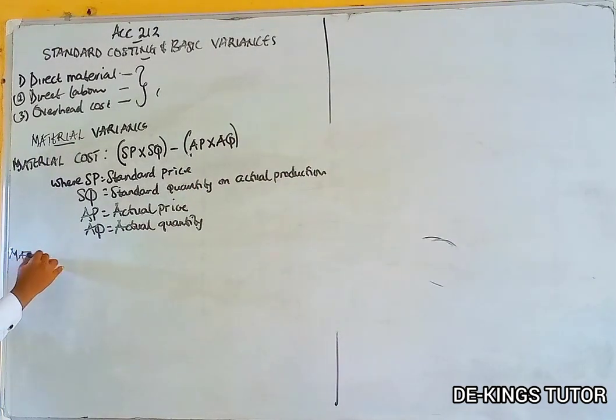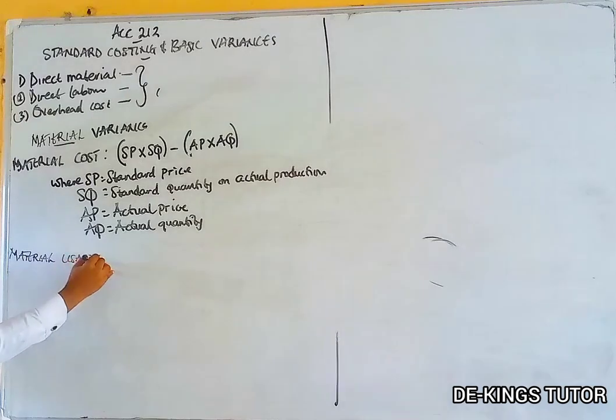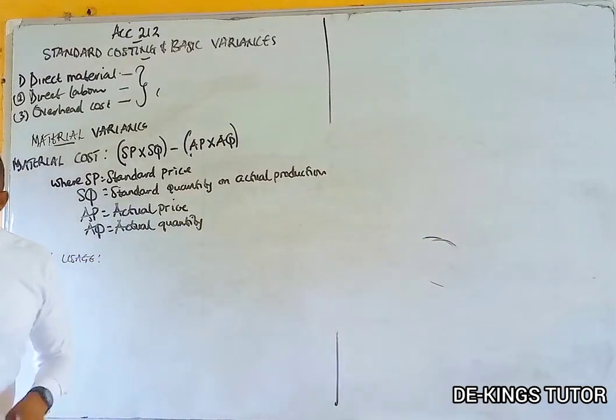Now, we want to get the usage, which is the material usage. We said the usage will be based on the quantity, because they can only use an item when they have it, which is the quantity.